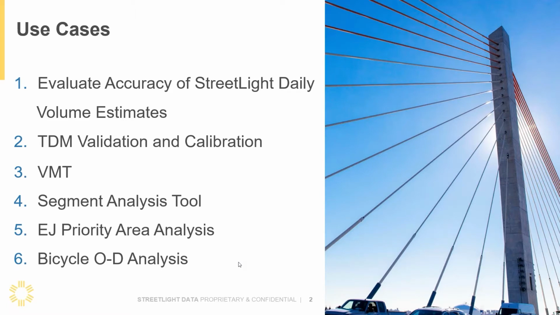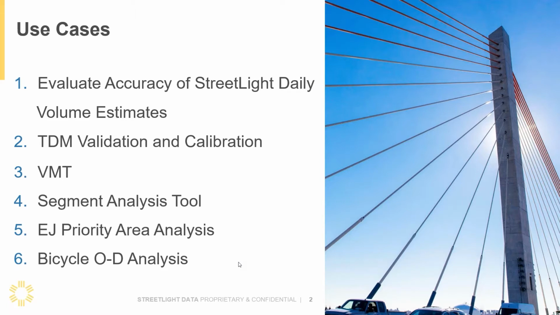So I'll start off by talking about how we've evaluated the accuracy of StreetLight daily volume estimates. Next, I'll talk about how we're using StreetLight data to validate and calibrate our travel demand model, which we're currently updating. Next, I'll talk briefly about how we're using StreetLight to calculate VMT, which is something which we're just starting to do.